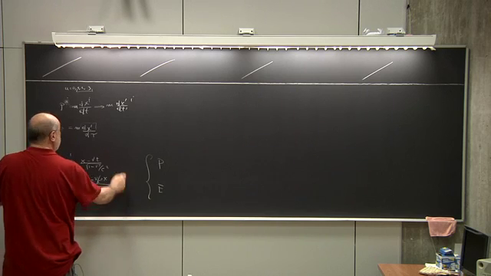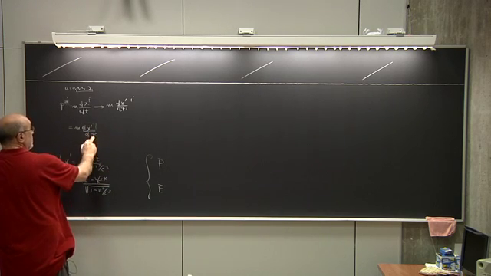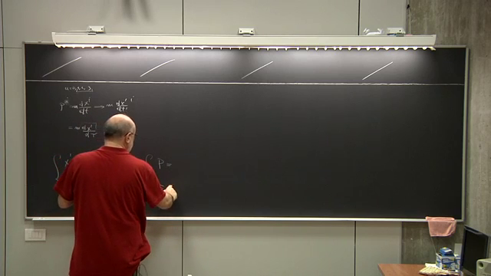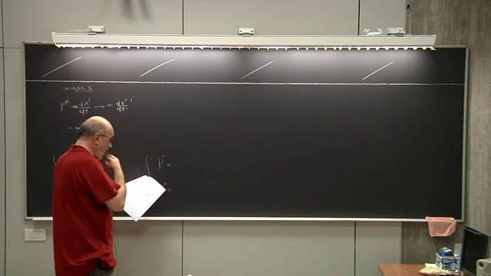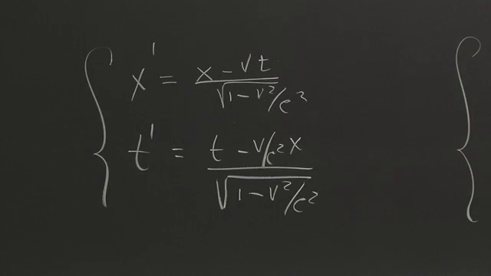Last lecture we saw that with this definition, where this is proper time, the P and the E also make a 4-vector, and their transformations are the following one.